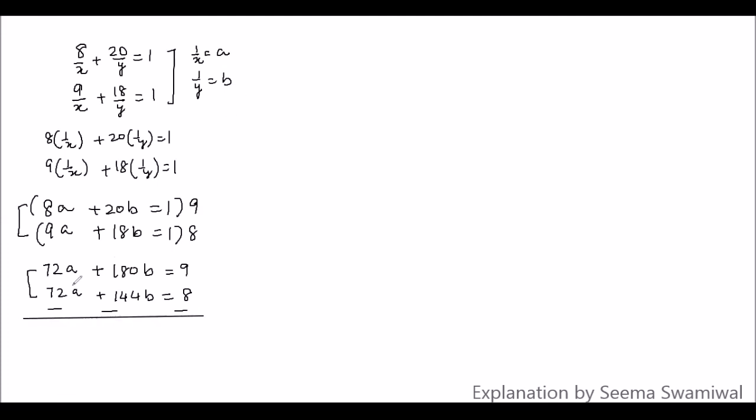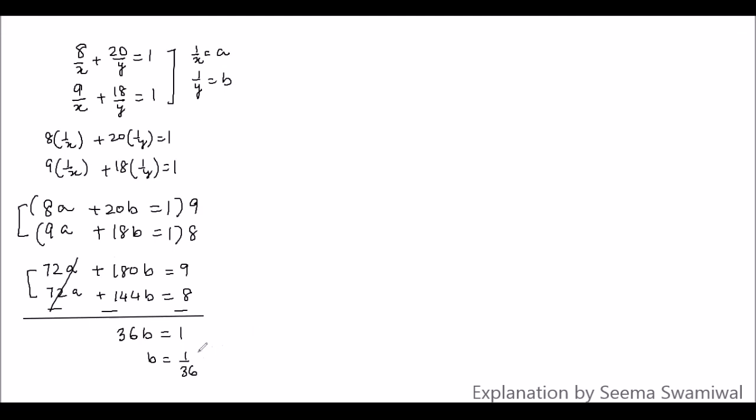So this is cancelled, and now we have 36b is equal to 1, b is equal to 1 upon 36.